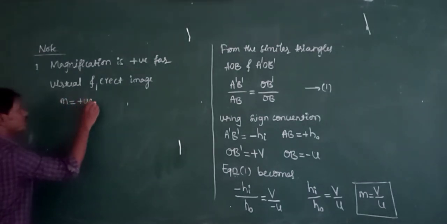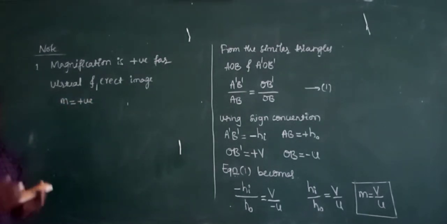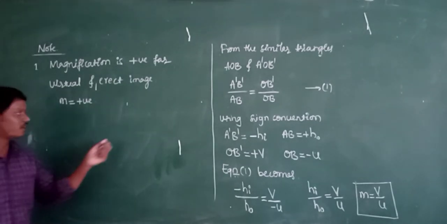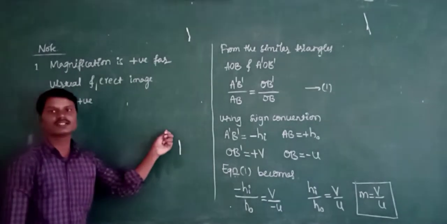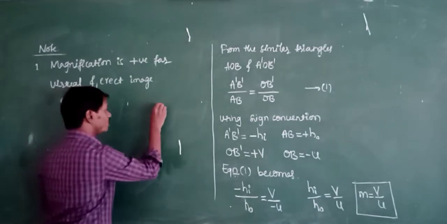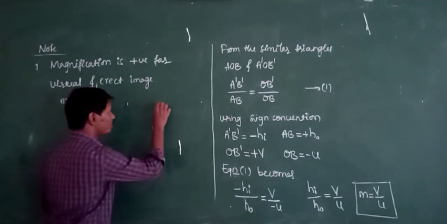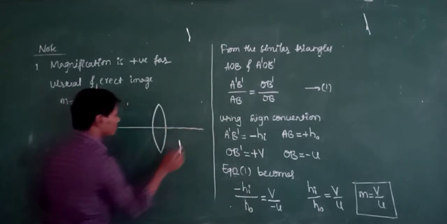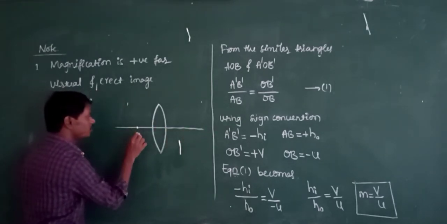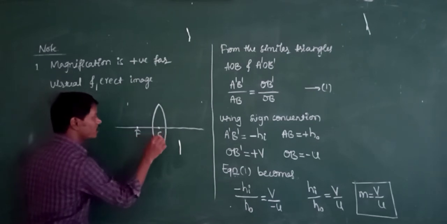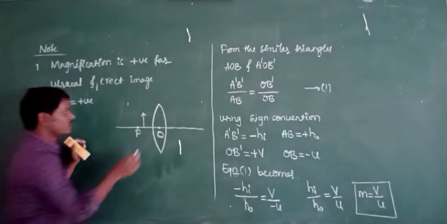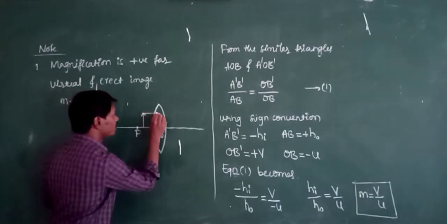So the magnification produced by a convex lens is positive only when the object is between the principal focus and the optical center. Already we discussed that in the formation of image by a convex lens. Now let us consider the principal focus, the optical center, and the object in between them. The first ray is parallel to the principal axis.